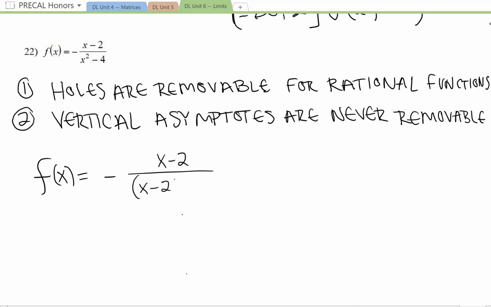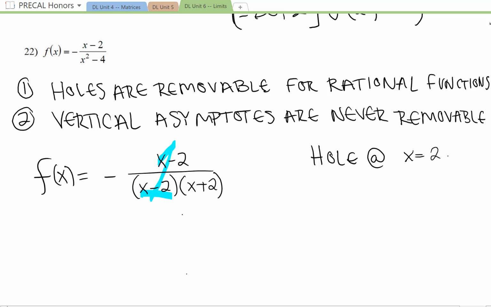Anything that reduces to 1 is a hole. x minus 2 over x minus 2, that reduces to 1. So we have a hole at whatever makes this 0. So what minus 2 equals 0? That would be 2. So we have a hole at x equals 2.